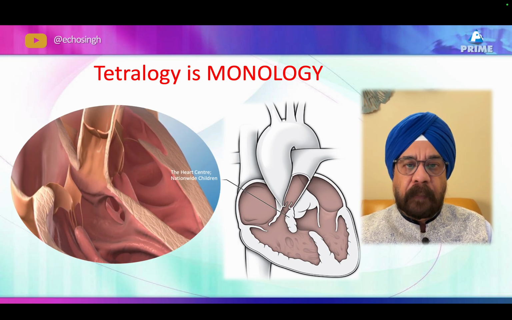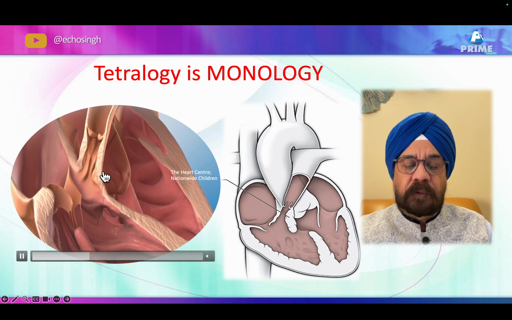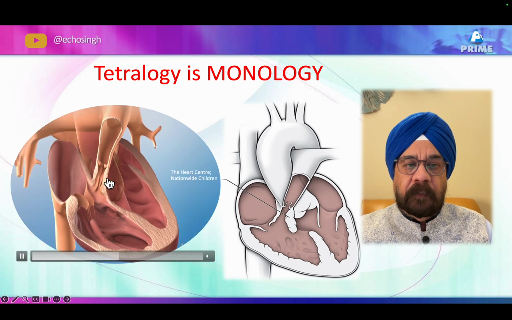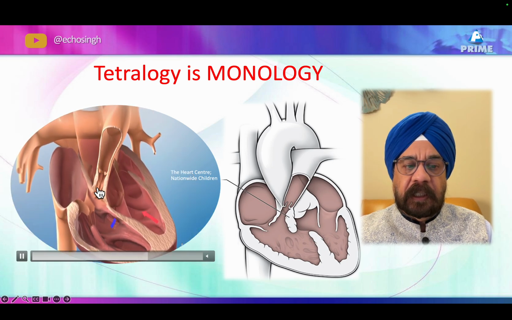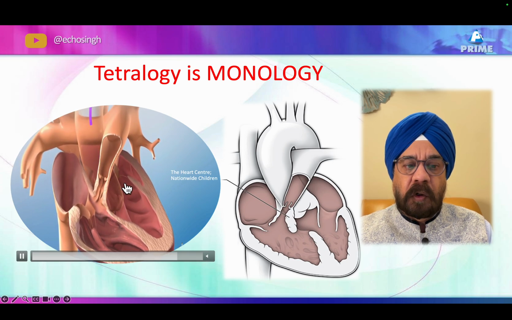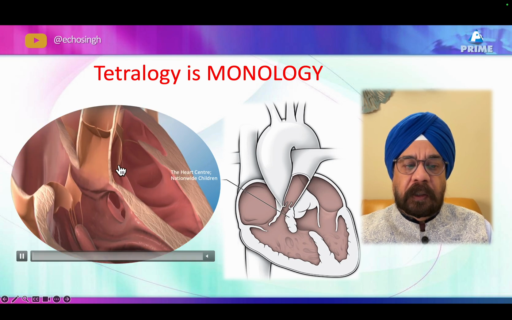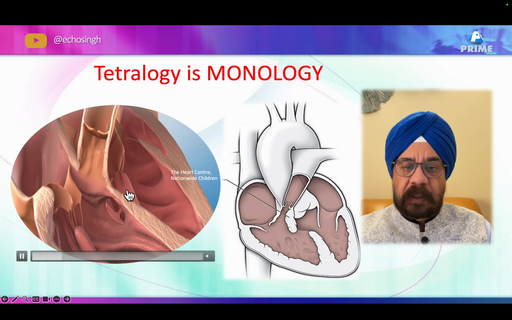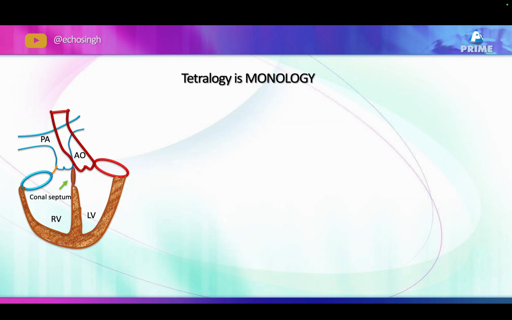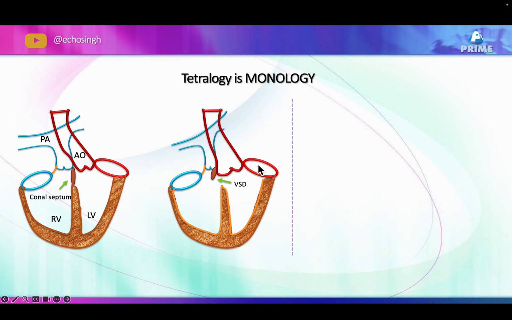The conus or infundibulum moves rightwards and anteriorly, making the pulmonary artery small and allowing the aorta to override on the ventricular septum. So this is the single abnormality which explains all four components, and I'm again showing it in this cartoon. You can see the movement of the conus or infundibular septum rightwards and anteriorly, making the pulmonary artery small.